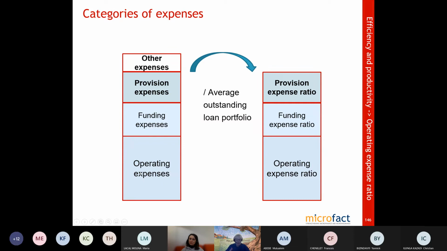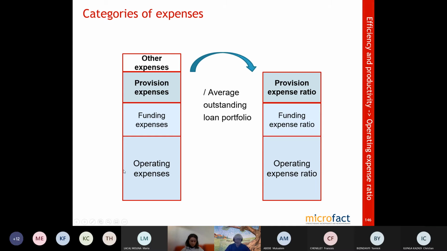But in order to compare small organizations and large ones, like we have X and Y, we divide by the average outstanding gross loan portfolio. And by dividing these three expenses by the average outstanding gross loan portfolio, we get the three groups of indicators: the operating expense ratio, the funding expense ratio, and the provision expense ratio.